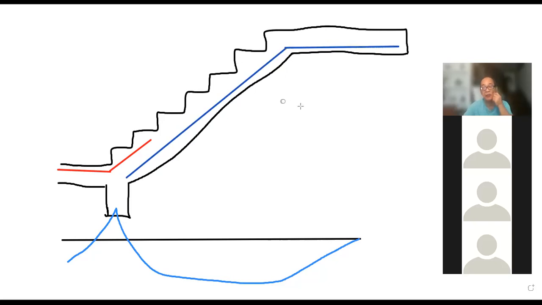So the bottom steel in blue is to resist the bending moment yang positif sini, the positive bending moment. Manakala the reinforcement in red is to resist the negative reinforcement.